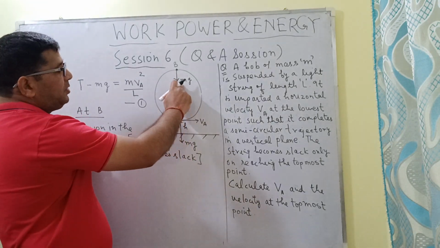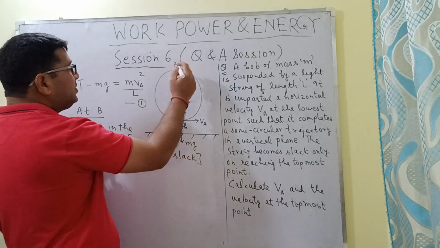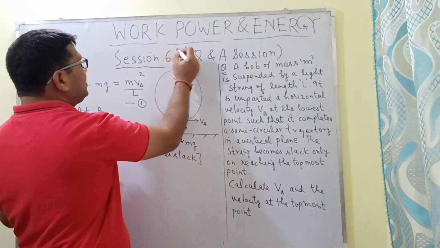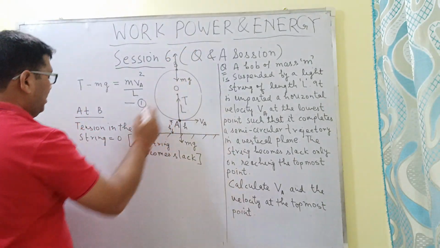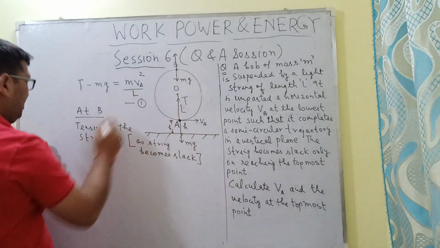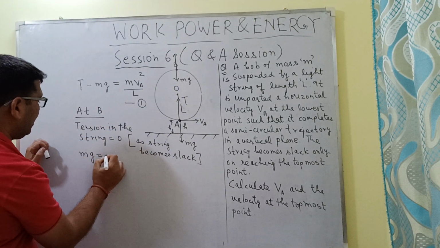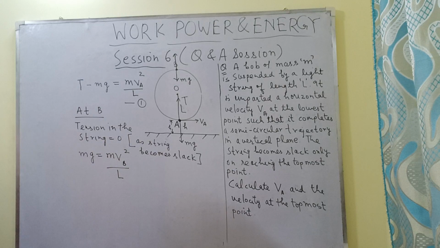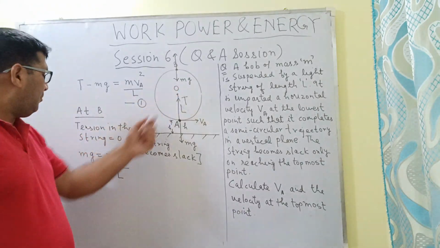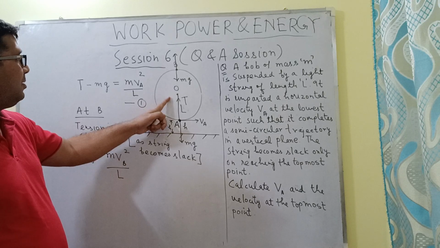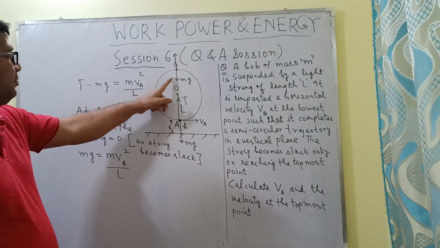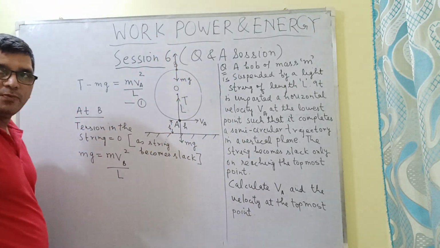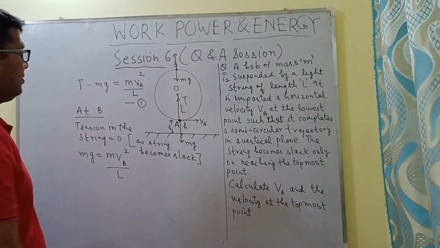So at this point, the weight of the bob will be acting downward, that is mg, and the centrifugal force will be acting in this direction, which is equal to mv squared by r. So at the point B, this mg will be equal to m vB squared by L. At this point B, the weight, this mg, that is the weight of this bob, will be equal to the centrifugal force, which is acting in the outward direction.